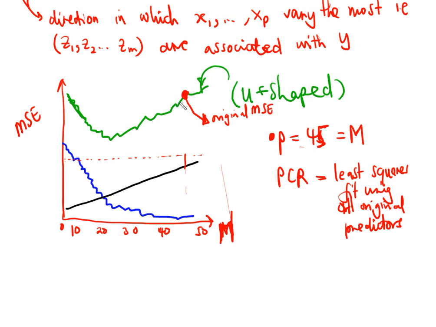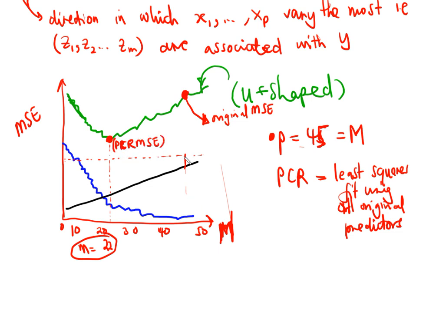So already you can tell that if we do a bit of PCR or PCA, principal component analysis, reduce our dimensions to maybe around M equal to 22, we'll get an even lower MSE. So this is the PCR MSE.